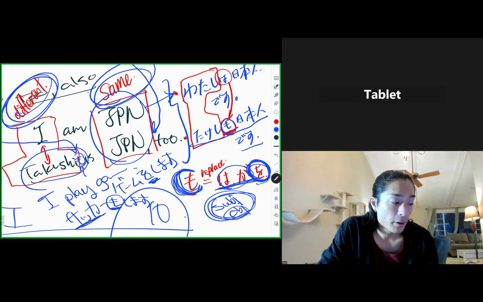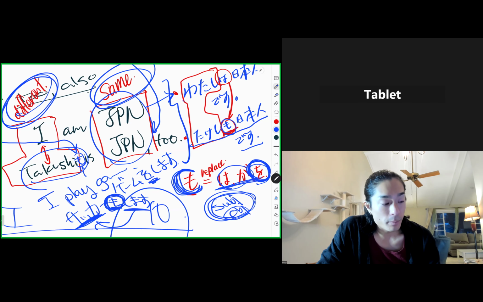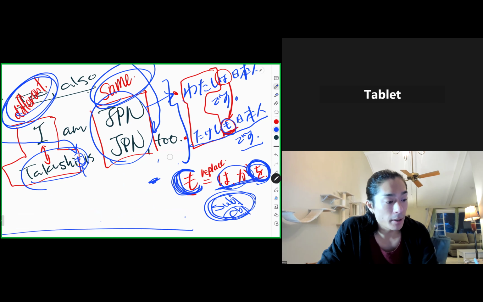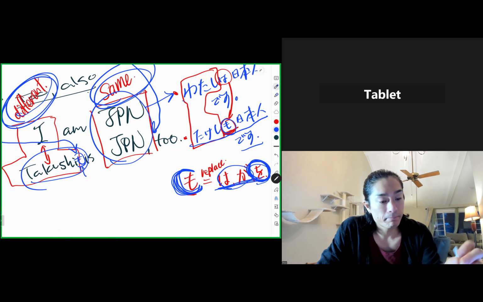Because soccer is the object of doing. So o, but then remember mo can act as the o particle, so we can replace o with mo. So サッカーもします。Okay?